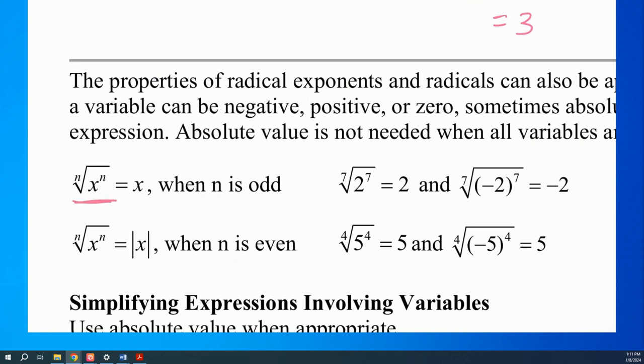Whenever exponents and roots match and they're odd, whenever that index is odd, then it's going to maintain the sign. So what I mean by that is the seventh root of 2 to the 7th would be 2, but the seventh root of negative 2 to the 7th would be negative 2. Are you with me there? Stare at it for a minute.